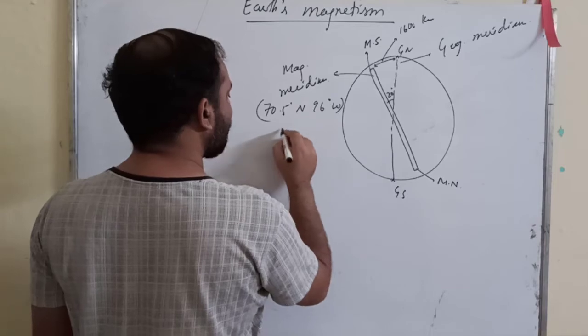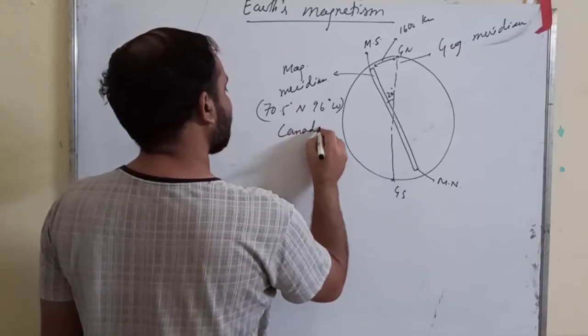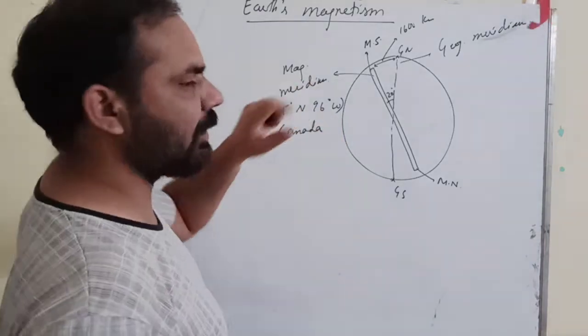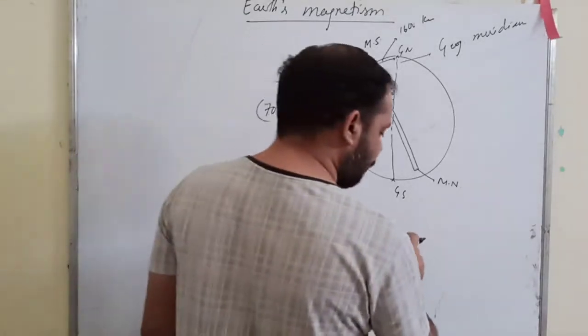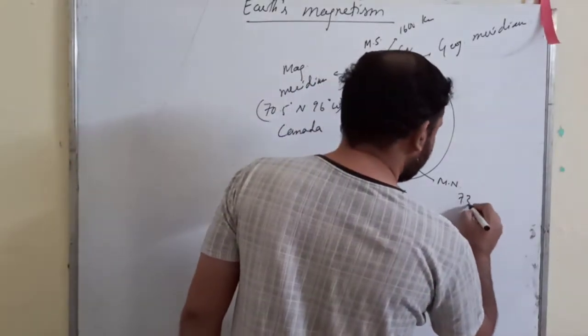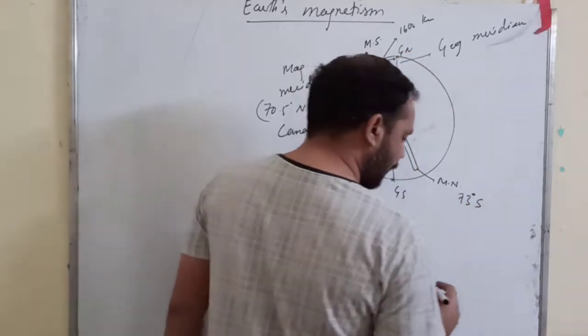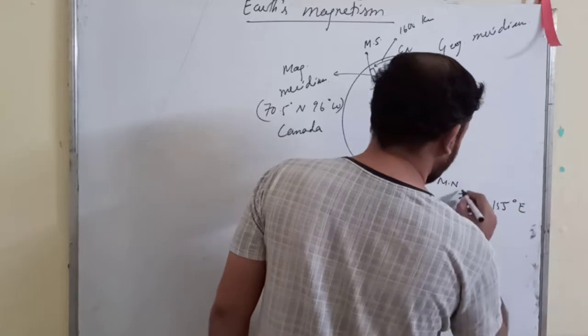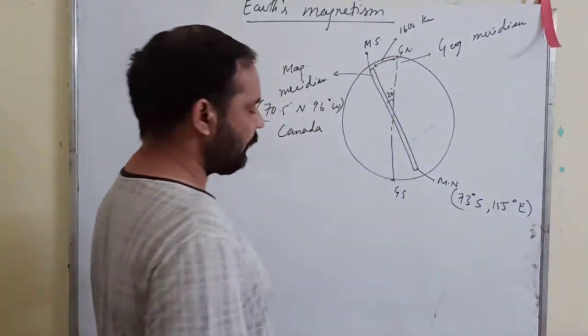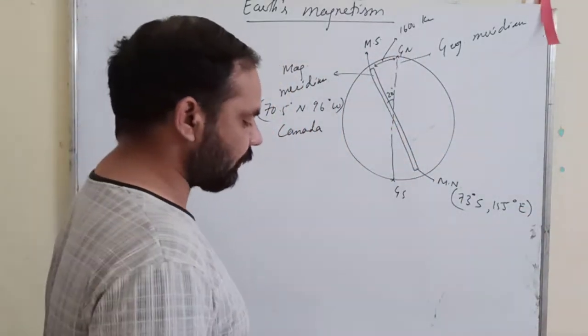This place is located in Canada. And the magnetic north is at 73 degrees south and 155 degrees east. This is the position of magnetic north.